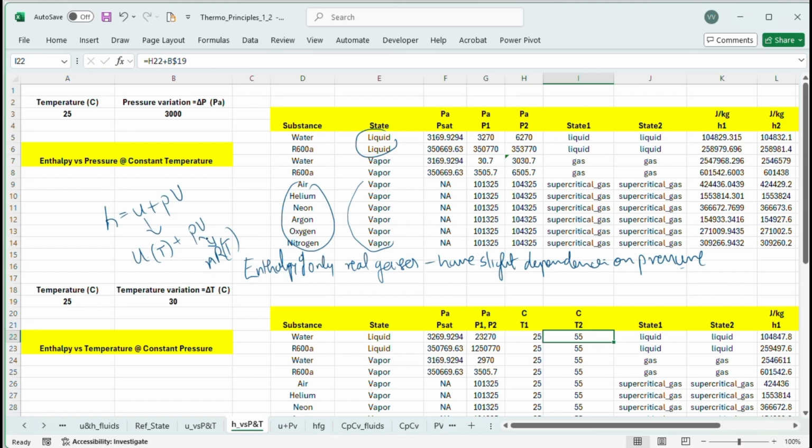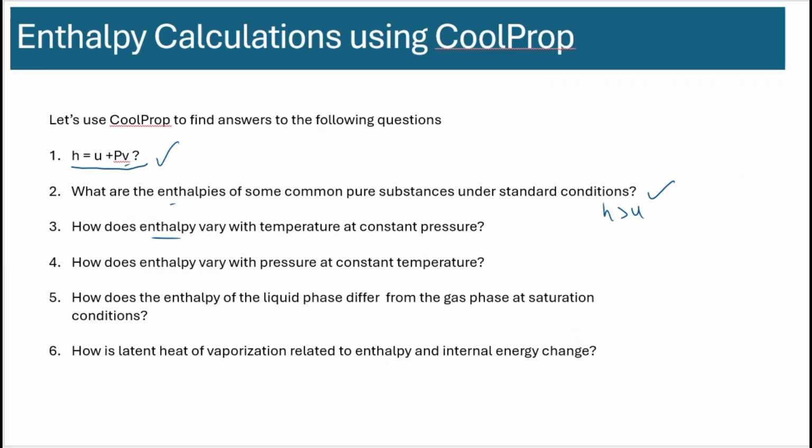If the ideal gas behavior is less and it's more like a real gas, then there is pressure dependence. If it is an ideal gas, then it's directly dependent on temperature. So enthalpy also is primarily a function of temperature in most ideal gas cases.